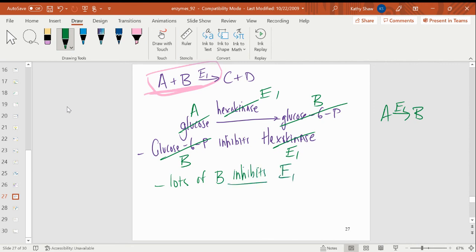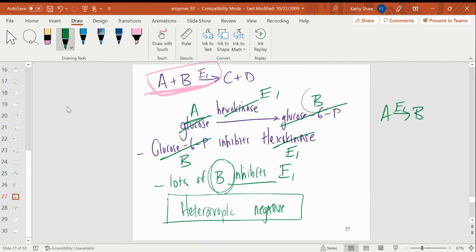So what is it? Inhibits, negative. Lots of B, is it the substrate? Nope. A is, B is the product. So heterotropic. So don't be afraid to use your scrap paper. Turn it into a form that you're used to seeing.